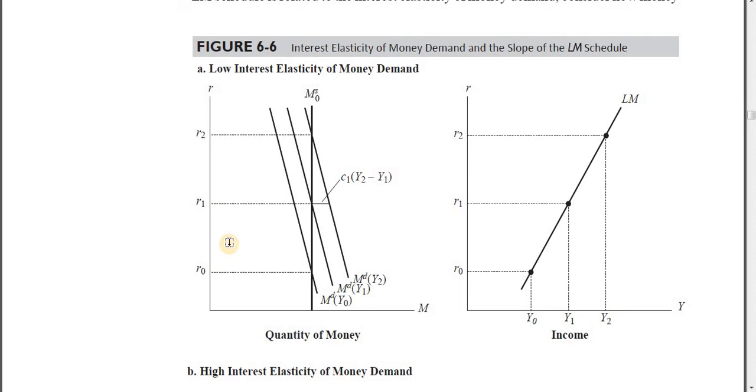Intuitive explanation is everything. Let's say a person is having rupees 100 with her and she is choosing to keep 50 rupees as money balance, as a liquid balance, which we call money demand. So this is case number one. Now let's assume that the income has gone up from rupees 100 to rupees 500.